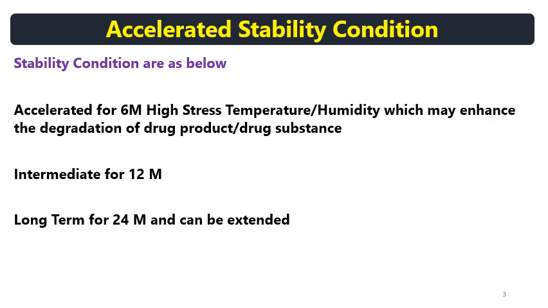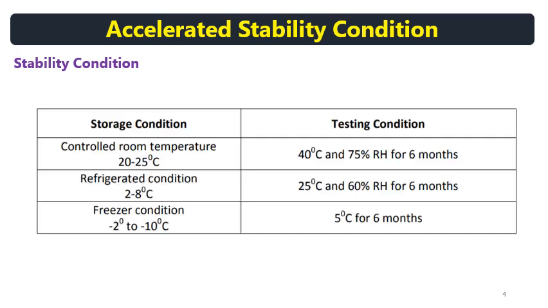Then 30 degrees Celsius 65% RH is the intermediate condition, and depending on the climatic zones, the long term condition may be 25 degrees Celsius 60% RH or 30 degrees Celsius 75% RH. So these are the general stability conditions, and the accelerated condition may vary depending on the storage condition.